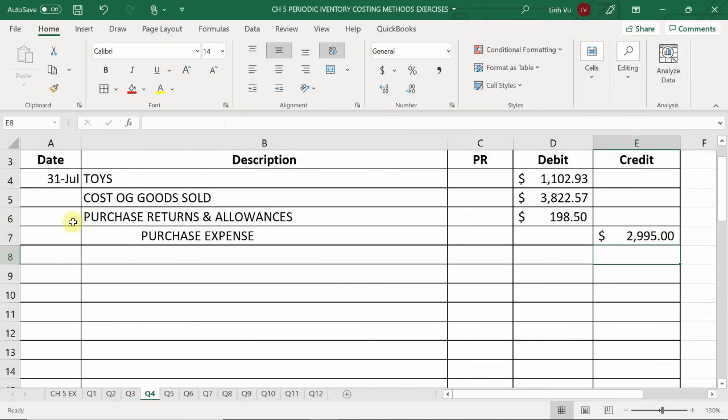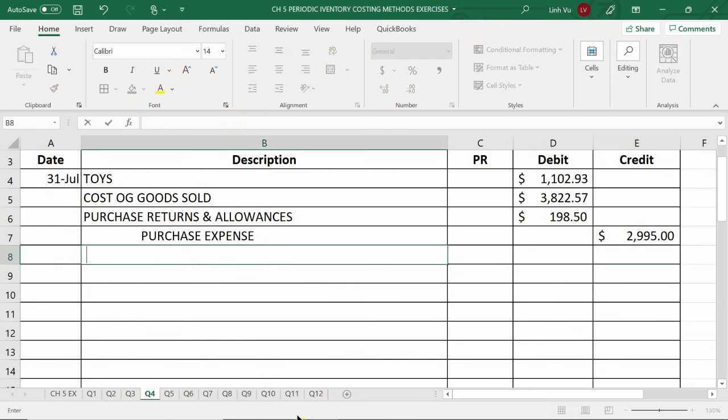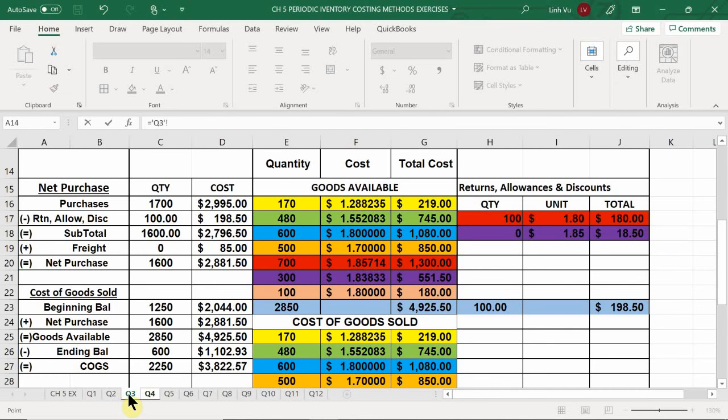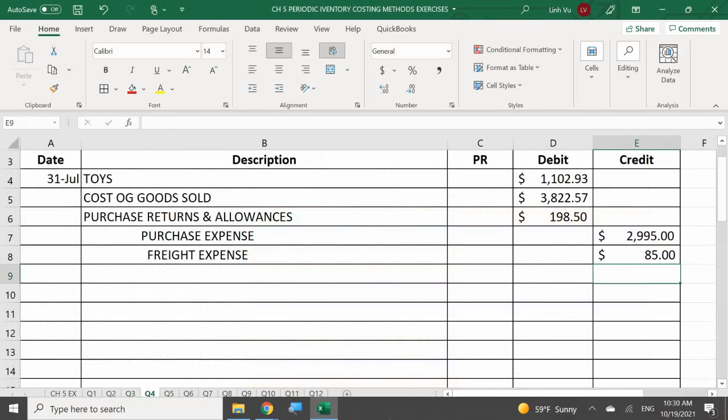What's next? Freight expense. Freight expense, right? We need to recognize our freight, which was a total of $85. Okay. Anything else I need to recognize?